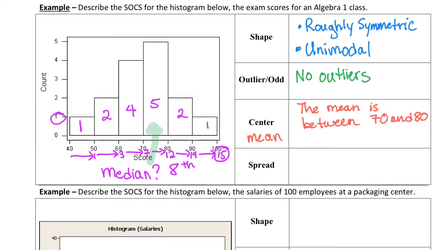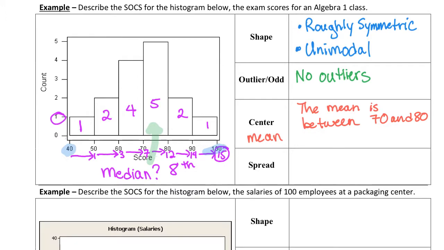I think this might be the trickiest thing you need to find for this whole thing. Spread, right? Spread, we're going to use range. So once again, don't forget that range would be the highest value minus the lowest value. However, we don't know that there's actually 100 in this histogram.